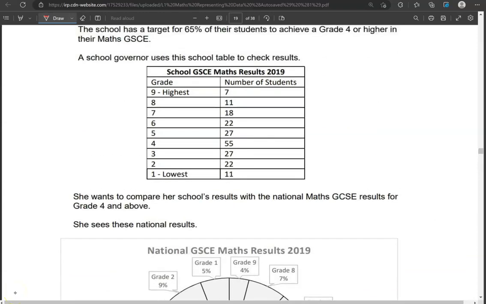So the target is for 65% of the students to achieve grade 4 or higher. And we've got the school's results here, so grade 4 and higher.